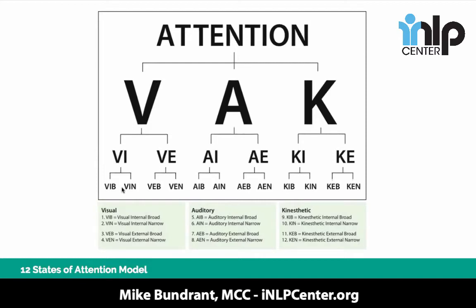So we've turned the visual modality, we went from 1 to 2 to 4. Now the visual is made up of 4 different states: VIB, VIN, VEB, VEN. Internal, external, narrow, broad. The rest of the diagram is the exact same thing with the auditory and kinesthetic. Auditory internal broad, auditory internal narrow.